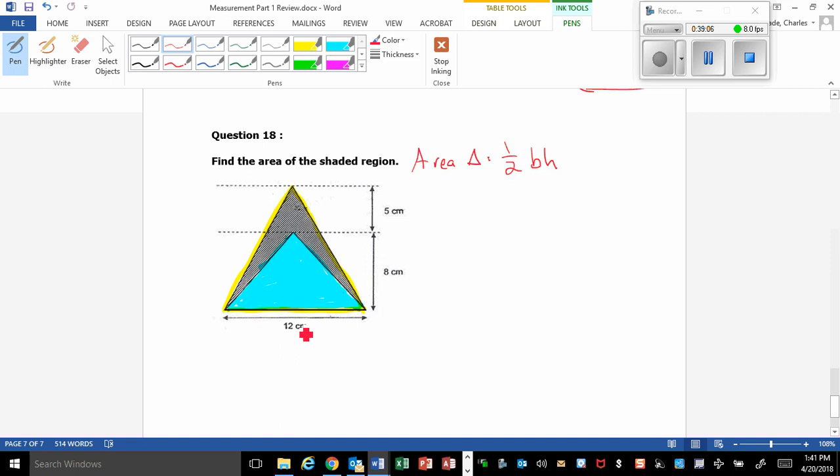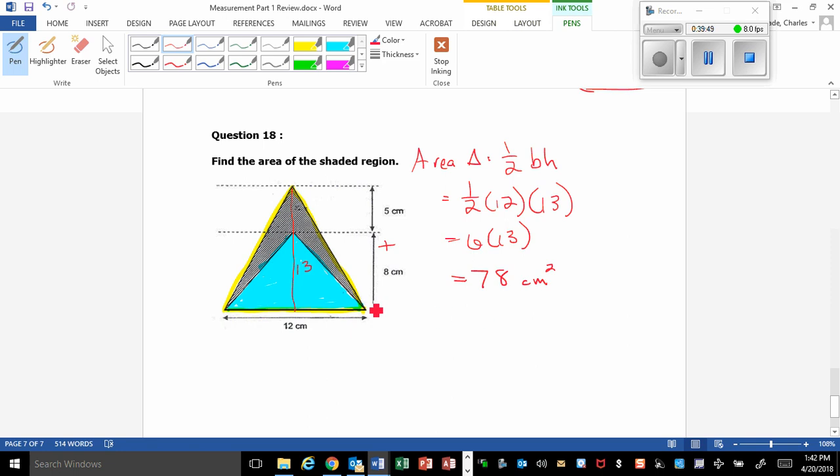We do, because it goes from here to here, and we know that's going to be 5 plus 8, which would be 13. And then this is the base, so we're going to get 1/2 times 12 times 13. 1/2 of 12 is 6 times 13, which is going to give us 78. That would be the entire triangle without this blue shaded part that I've taken out.